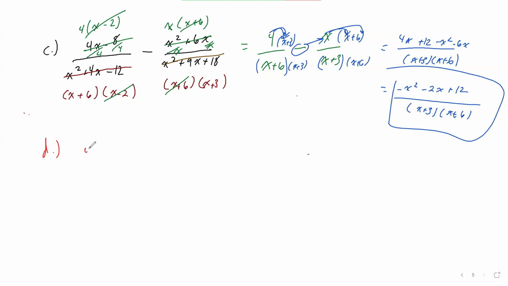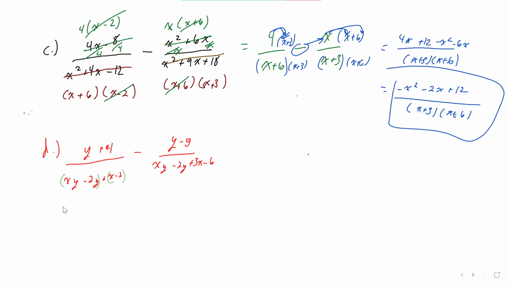So we have y plus 4 over xy minus 2y plus x minus 2 minus y minus 5 over xy minus 2y plus 3x minus 6. So remember, when we factor with 4 terms, we factor by grouping.